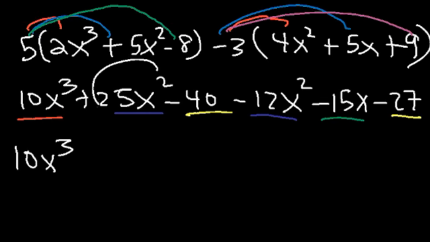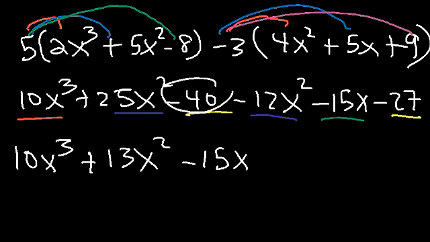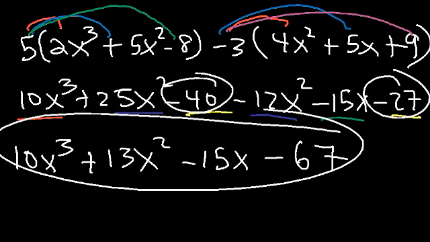Now we can combine 25x squared and negative 12x squared. They're like terms. 25 minus 12 is 13. Now there's nothing to combine the negative 15x with, so it's by itself. Let's rewrite it. And finally, we can combine negative 40 and negative 27, which is negative 67. So this is the answer.